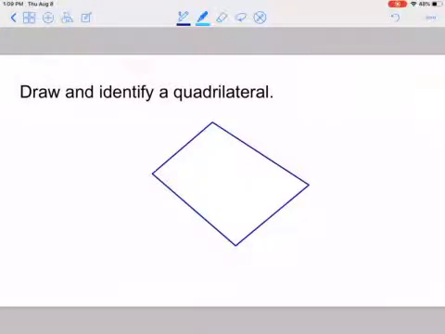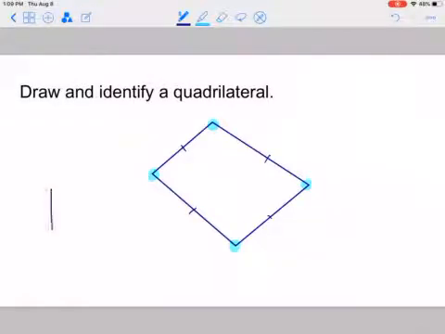So let's check our work. 1, 2, 3, 4 angles, and 1, 2, 3, 4 sides. Now notice my quadrilateral doesn't look like a perfect square or a perfect rectangle, but all that you need to have a quadrilateral is 4 lines and 4 angles, and those lines must be connected.